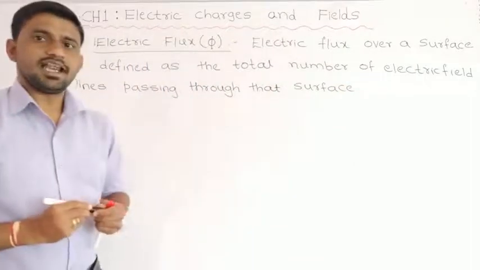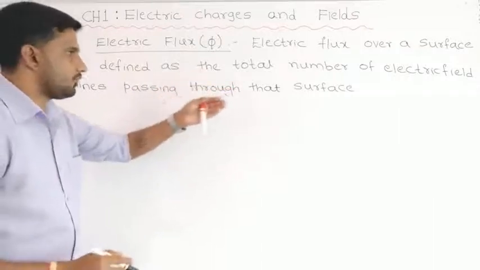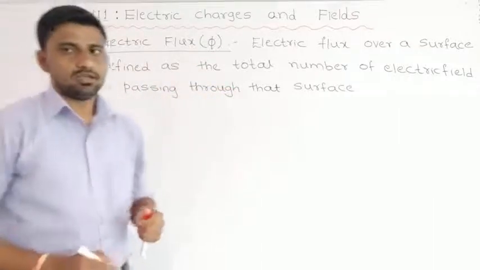Then it is called electric flux. So electric flux over a surface is defined as the total number of electric field lines passing through that surface.